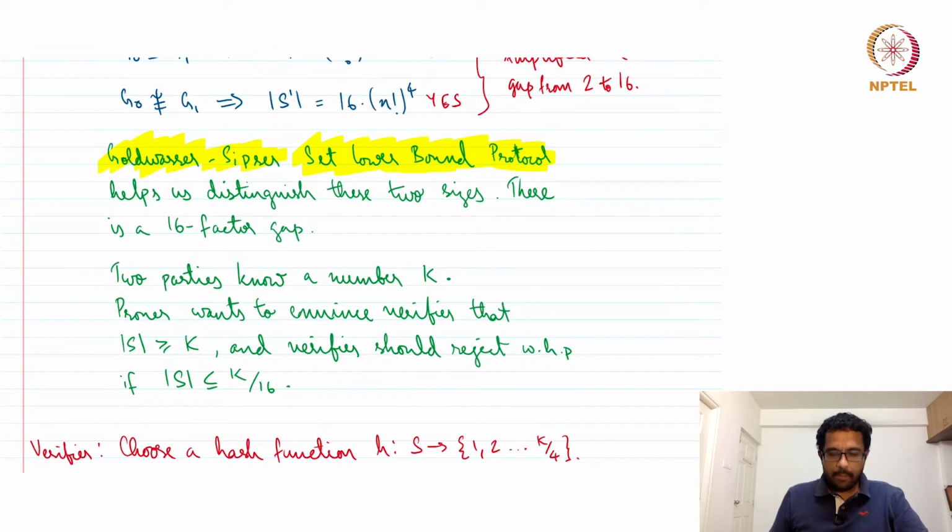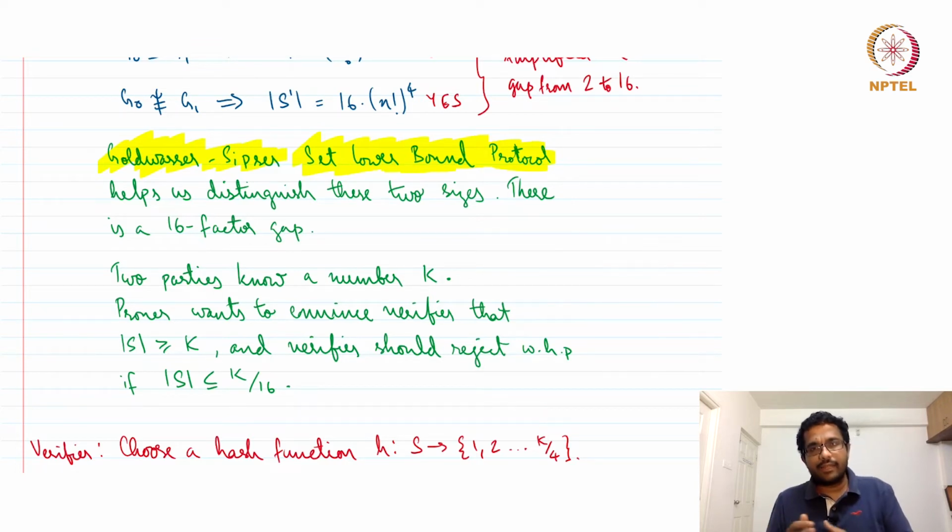So it's like this. There are two possibilities that the verifier is in. Either the graphs are isomorphic or they are not isomorphic, right? In one case, the number of messages that can be sent by the verifier is k.